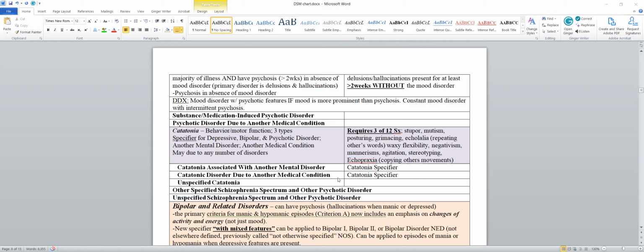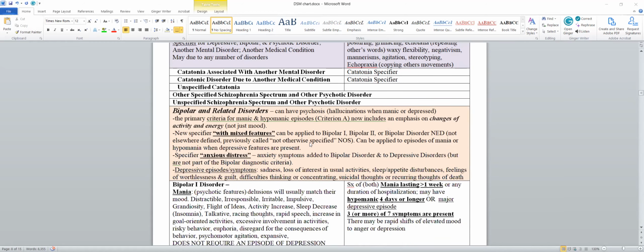The subcategories are catatonia associated with another mental disorder, which is a catatonia specifier, catatonic disorder due to another medical condition, which is a catatonia specifier, unspecified catatonia, other specified schizophrenia spectrum and other psychotic disorder, and unspecified schizophrenia spectrum and other psychotic disorder.